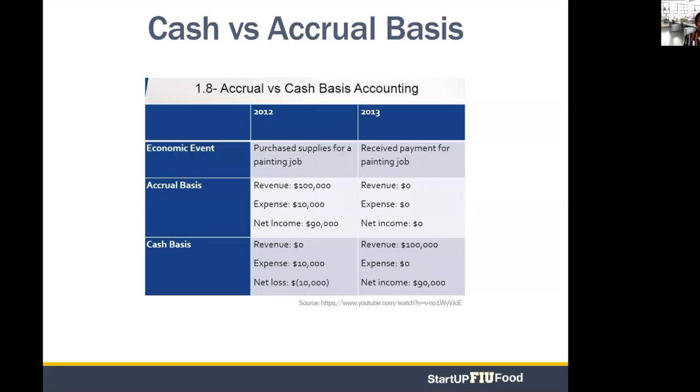This is the prime example of how cash basis can potentially understate your business, depending on where you are in your business, especially if you do a lot of business in the first quarter of the following year, but contract a lot of the business in the fourth quarter. Then going on to 2013 in cash basis, you actually receive the payment. So then you recognize the $100,000 in revenue and no expenses. So your income looks higher, at least at the start of 2013.